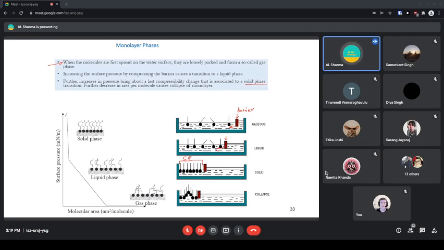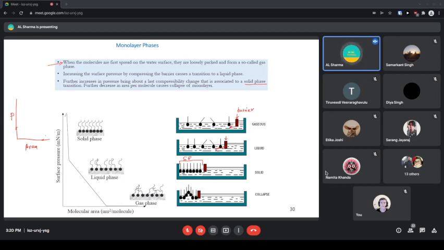So actually these things you cannot see in your material sample during this synthesis. What you are going to get is a plot between surface pressure and molecular area. With respect to pressure and area, you are going to get a graph, and based on the graph you are going to define whether your materials have actually formed or not.